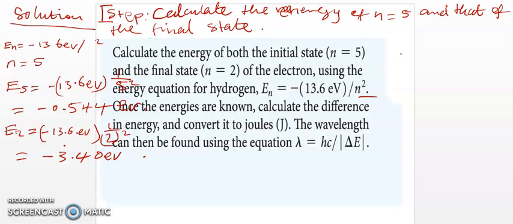So the change in energy will be, of course we are taking the magnitude, equal to the final energy, which was E2, minus the initial energy, that is E5.